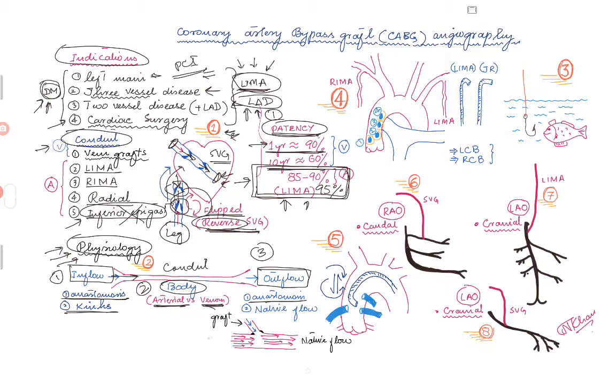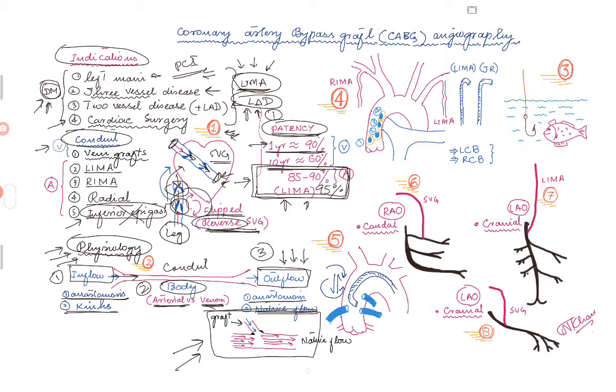Again, if the anastomosis is really good, there is no stenosis at the anastomotic site, that will dictate the outflow and also the native flow. If the surgeon puts the graft on an artery that is diffusely diseased distally, there won't be much outflow. And if there is not much outflow, the chances of the graft staying open will be low.